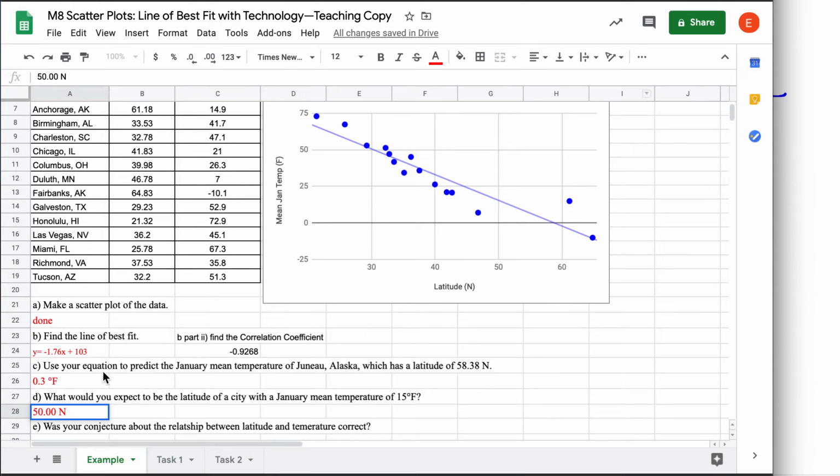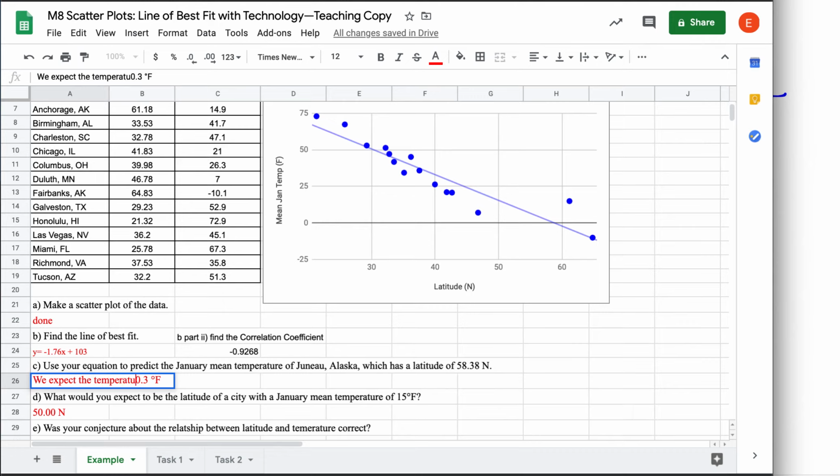I guess I should do these in complete sentences. That's what I want you to do. We expect the temperature to be 0.3 degrees Fahrenheit. Let's do a better thing here. I'll go with what is in the example.